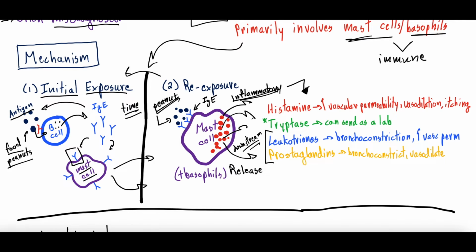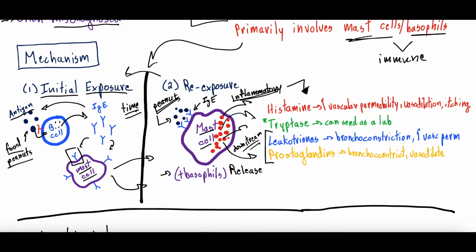It's an error, because the peanut protein isn't doing anything harmful at all. In fact, it's just because you ate peanuts. And most people can tolerate peanuts, but for those that are allergic, this is why. Their body has mistakenly identified that peanut protein as something the immune system should attack, and your mast cells do that with this massive degranulation event. And basophils are just another kind of immune cell which do the same thing.